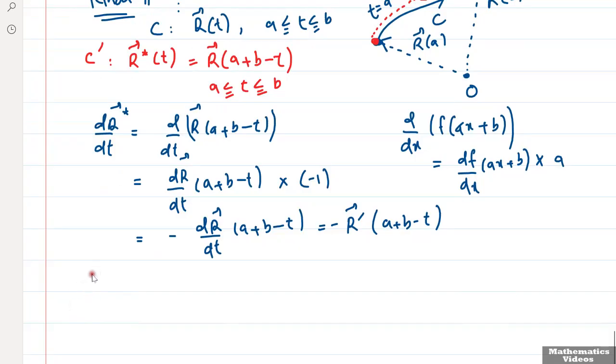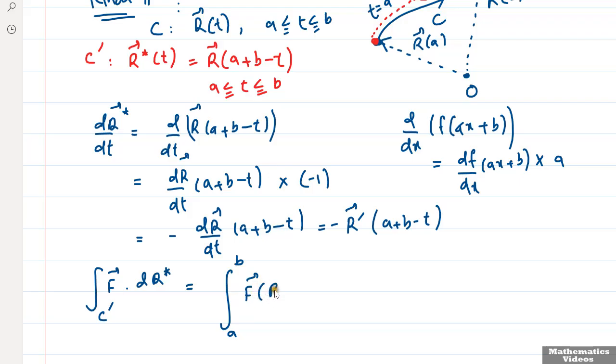Now consider the line integral of f over the curve C prime. t varies from a to b for the curve C prime. So the lower limit of integration is a, and the upper limit of integration with respect to t is b.